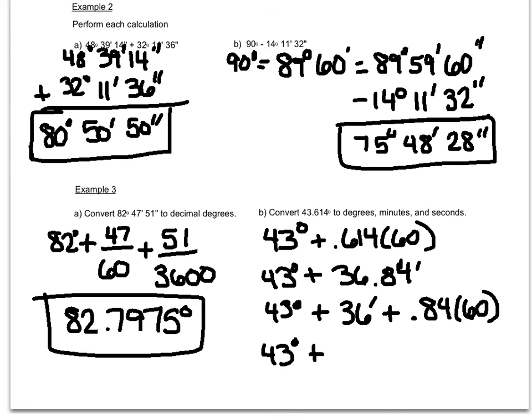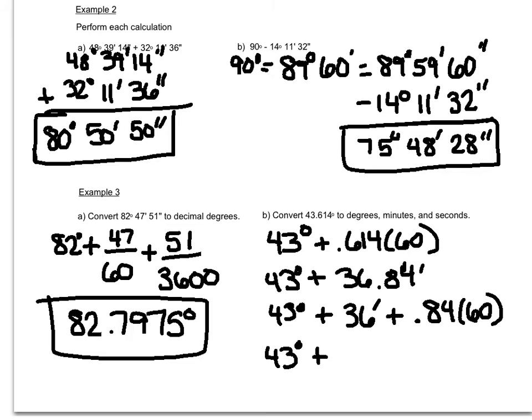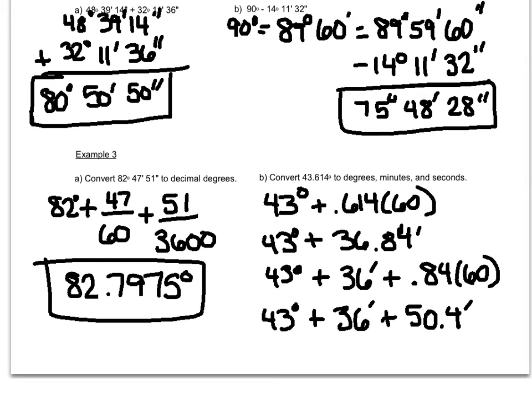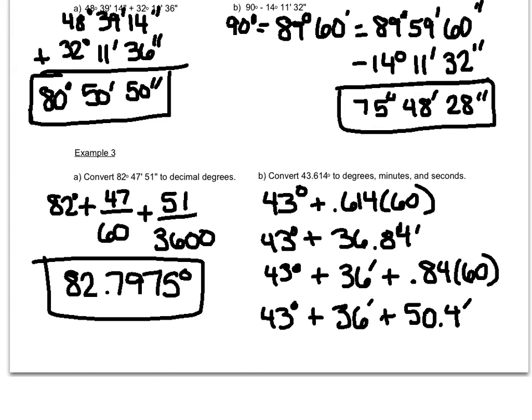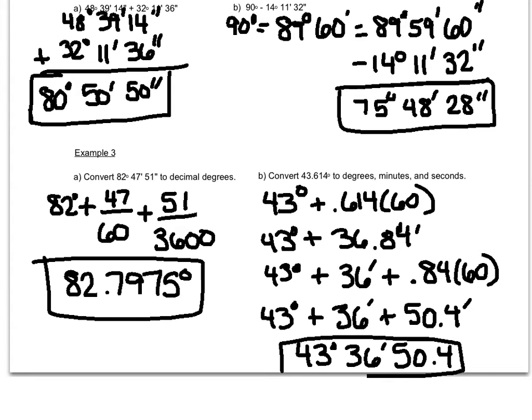Oh, well, we'll just leave it there. 36 minutes and 50.4 seconds. So we're going to slide that up. And so when we put our answer together, we have 43 degrees, 36 minutes, and 50.4 seconds.